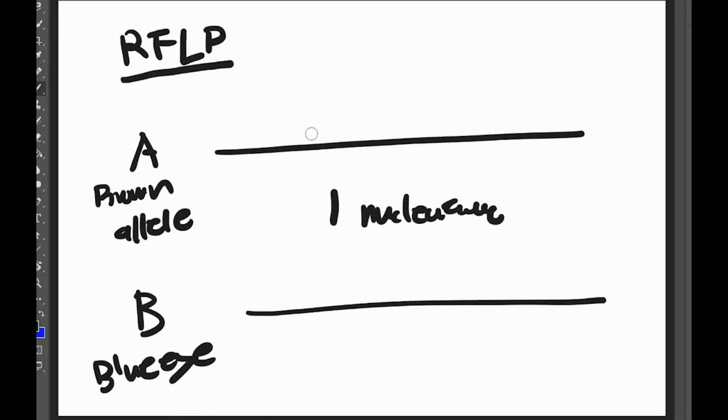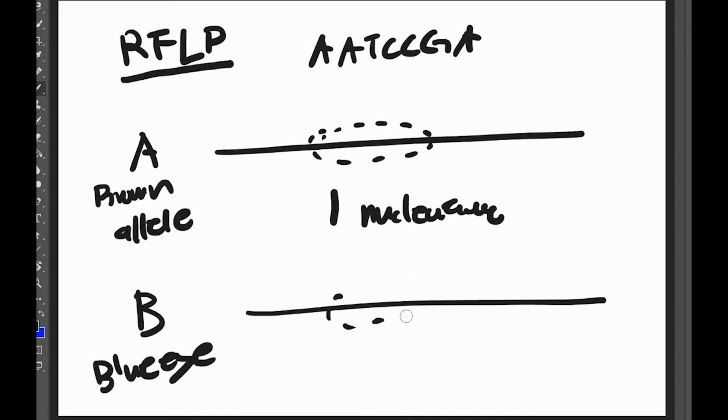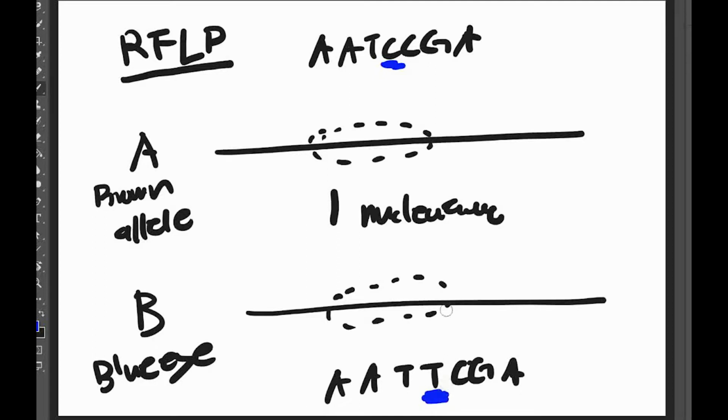If we zoom in, let's say individual A has the nucleotide sequence AATCCGA, and at the exact same loci, the same location of the DNA, individual B has AATTCGA. So there's a difference of C and T. This is a SNP, which leads to the RFLP.